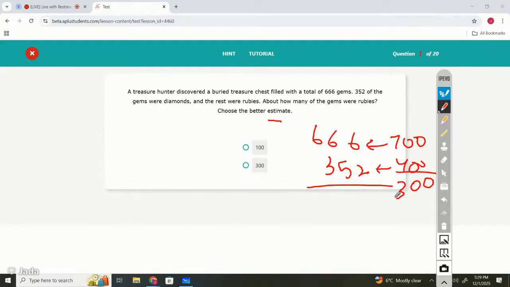So 700 minus 400, the correct option is 300. Option number 2 is the correct option, that is 300.